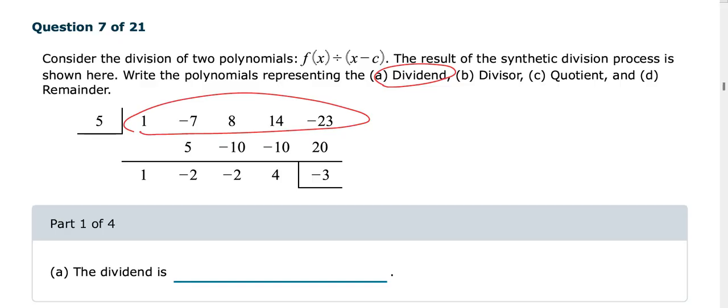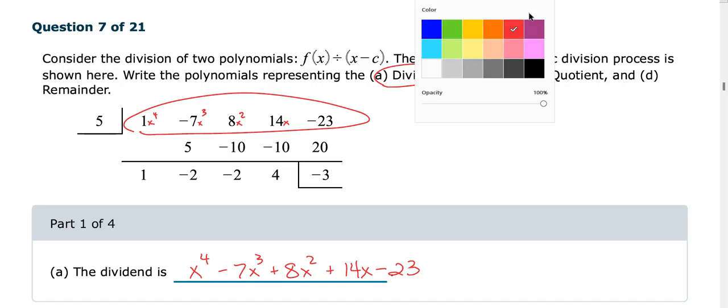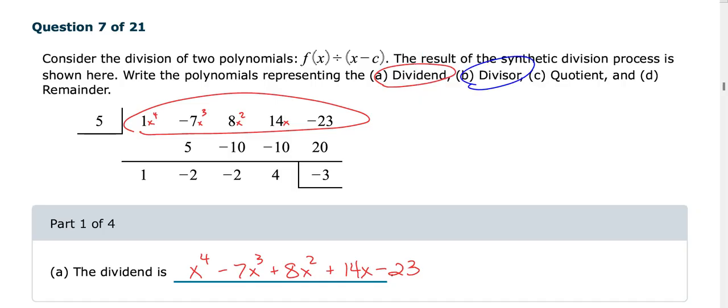So the dividend is 1x to the 4th minus 7x cubed plus 8x squared plus 14x minus 23. That's the dividend. To get the divisor, the number out here is not the divisor. The divisor is x minus that number. x minus 5 is the divisor.